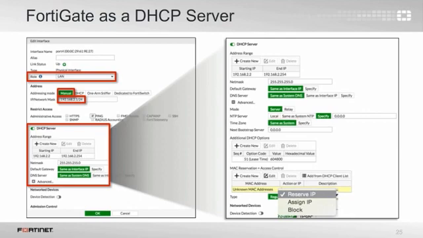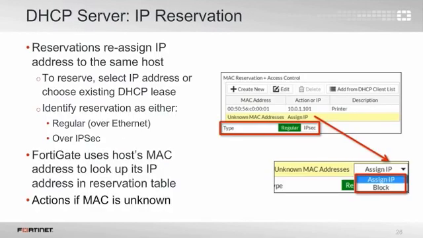You can also block specific MAC addresses as if they were a Layer 2 firewall policy. For the built-in DHCP server, you can reserve specific IP addresses for devices with specific MAC addresses. Those devices will always receive the same lease unless the number of devices exceeds the size of the IP pool.